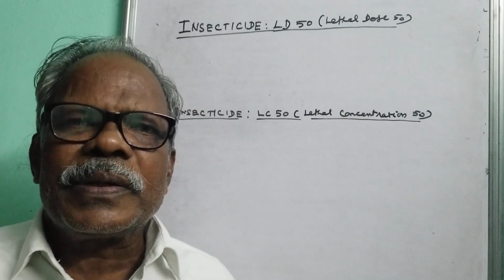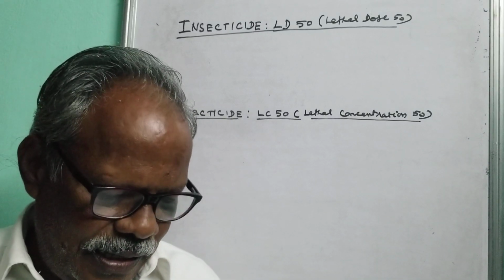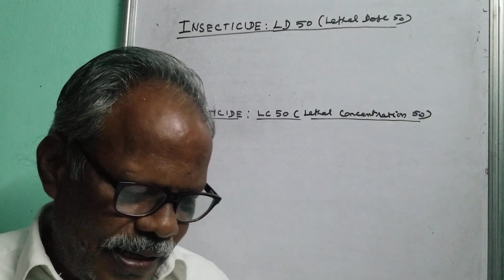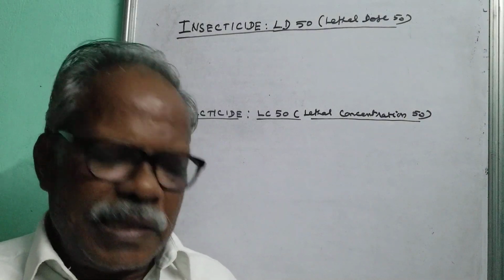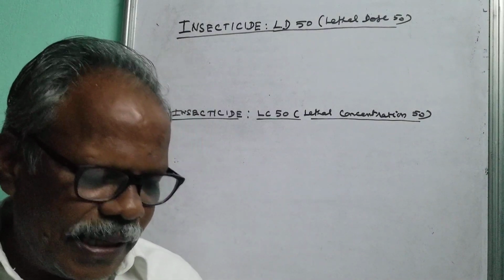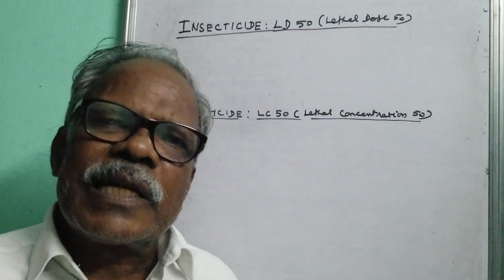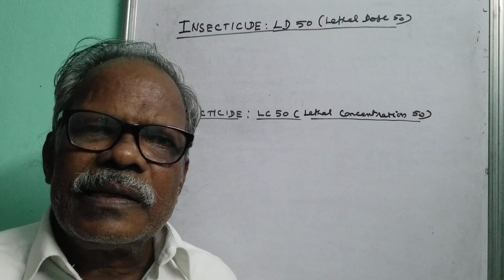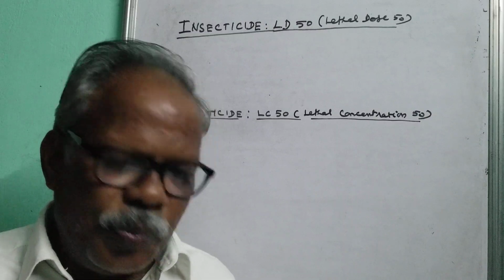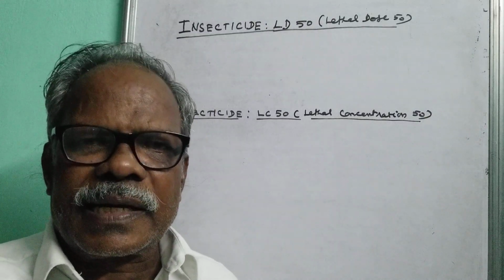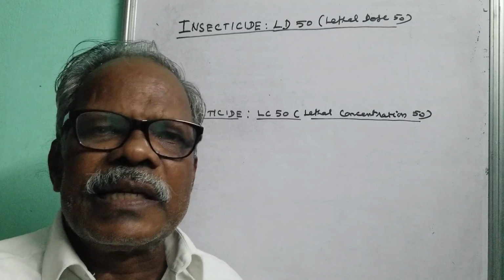Suppose the commercial product is formulated to contain 50% active ingredient, then to get a 10% kill, 2 parts of active ingredient are to be taken. That is the LD50.